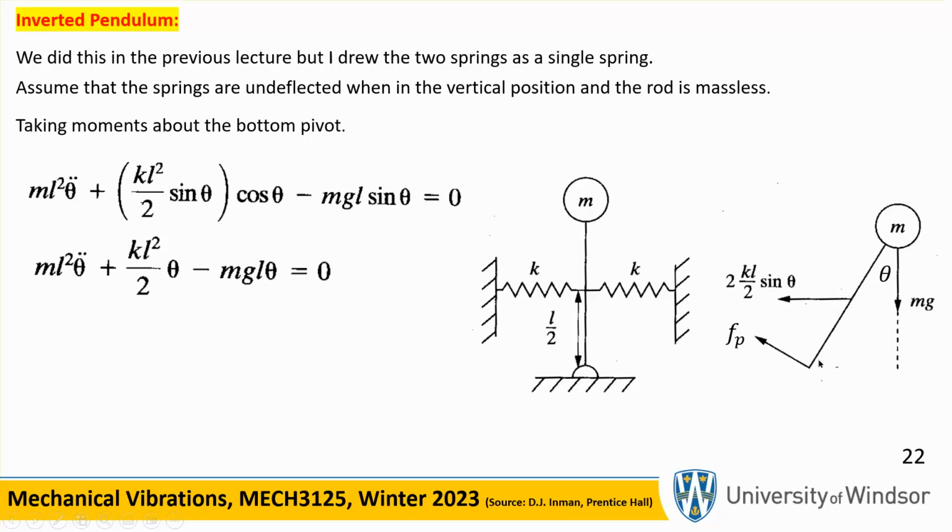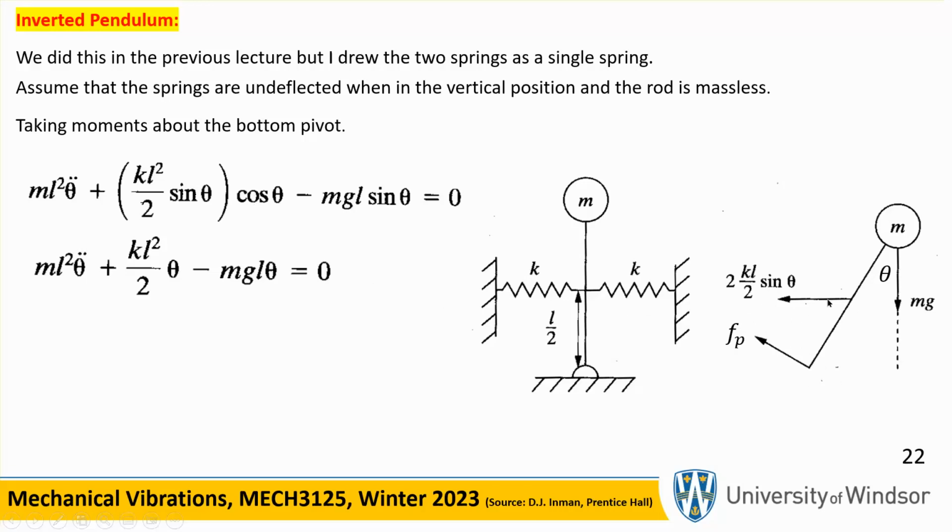It is L over 2 times the cosine of that angle. So this is the spring force. The moment arm is L over 2 times the cosine of that angle, the projection along the vertical line. This is correct, okay? Except that it's not obvious where it's coming from.